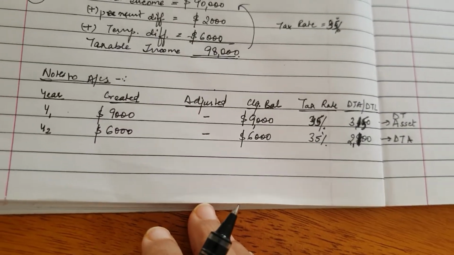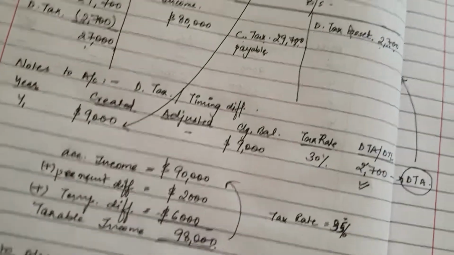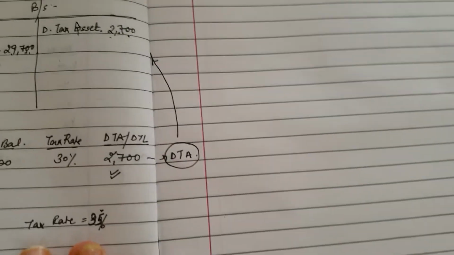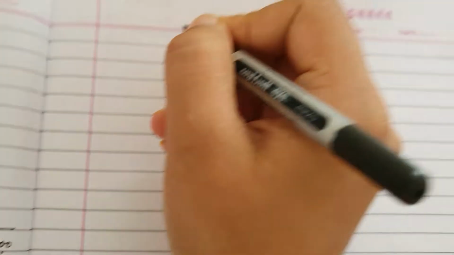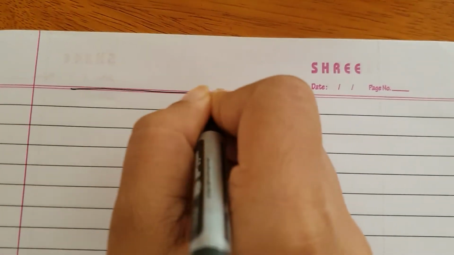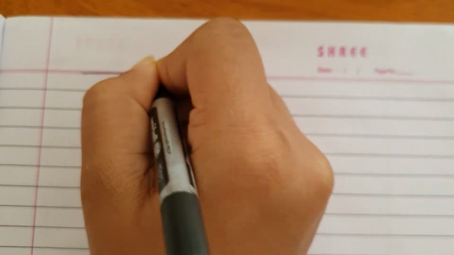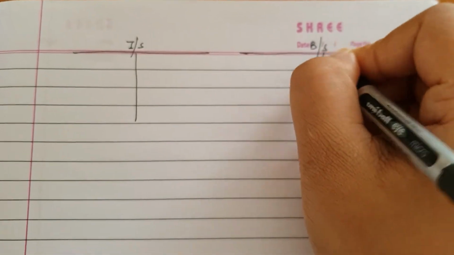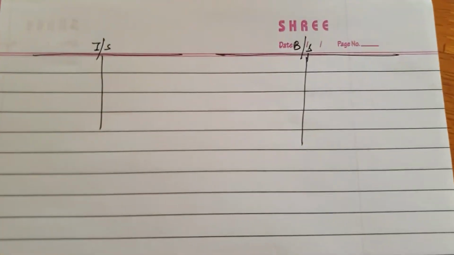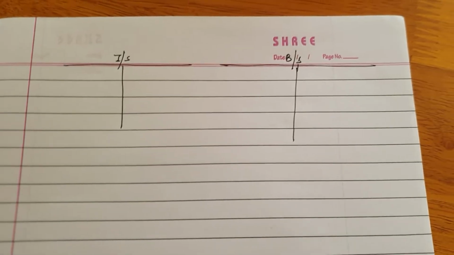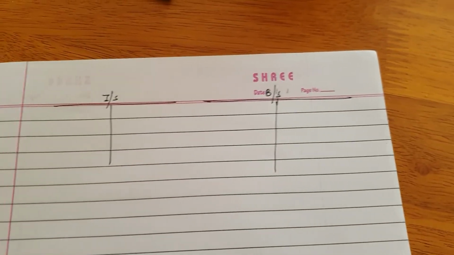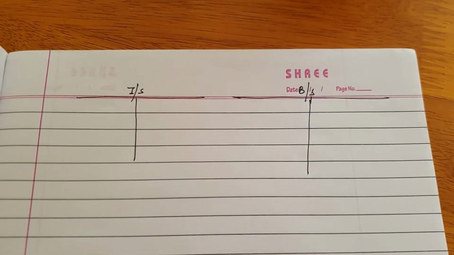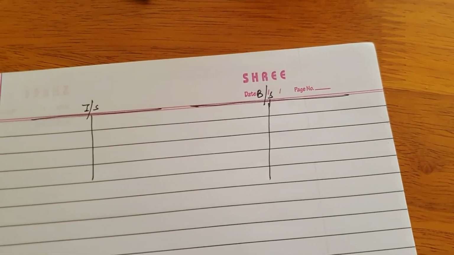Now moving on to the T-shape accounting, the representation. The income statement, the balance sheet. Again, I'm going to do it the Indian way. I'm going to take the assets on the right side and the liabilities on the left side as far as the balance sheet is concerned.